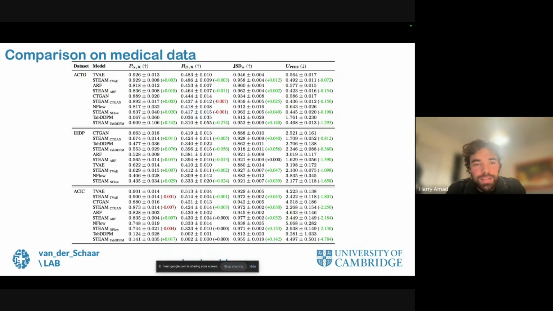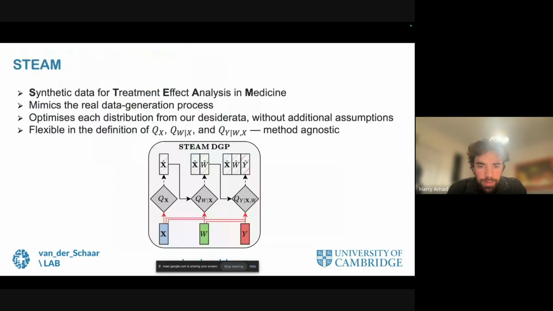And what that means is that in this pipeline, we set Q of W given X as a logistic regression classifier and Q of Y given X and W as the simple CATE estimator that I described earlier, where we train it on treated and untreated and then just measure the difference as the CATE. And we set those throughout the experiments in this table.